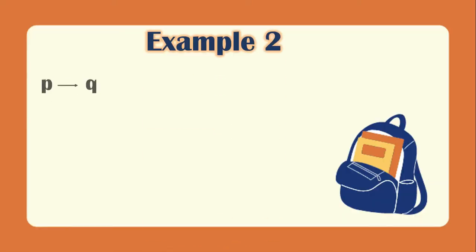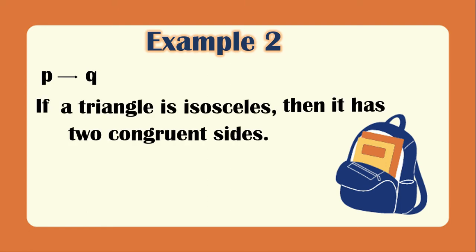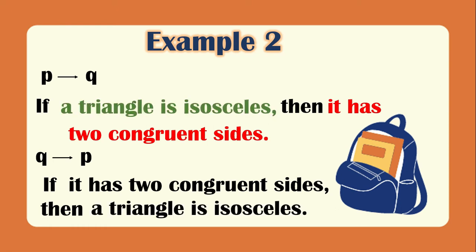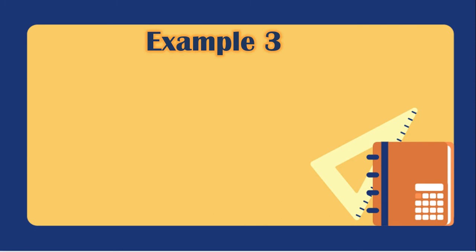Example number 2. Our P implies Q: if a triangle is isosceles, then it has 2 congruent sides. Our Q implies P will be, if it has 2 congruent sides, then a triangle is isosceles. Example number 3.